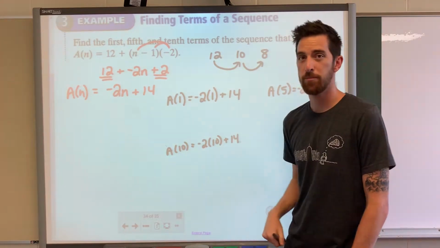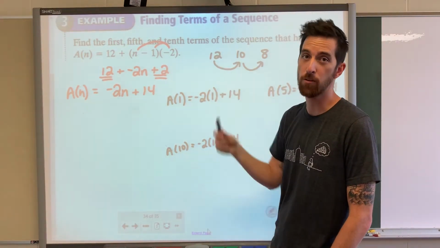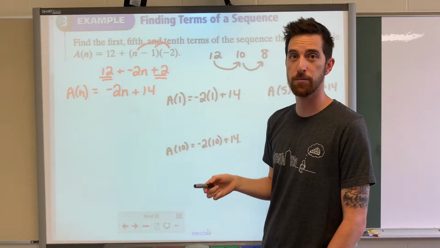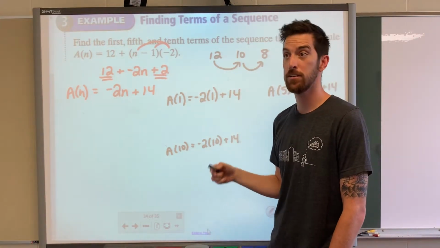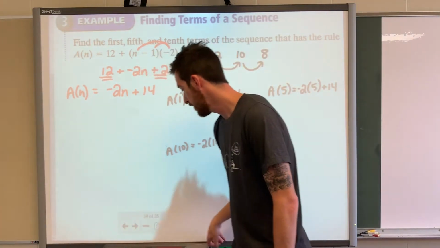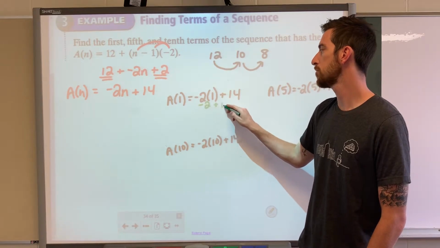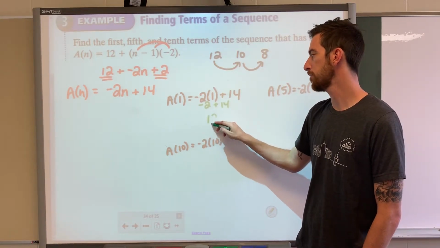Hey, as a backup, if you forget how to do this, you could write out the pattern here and keep it going. But if I ask for the 43rd term and you don't remember how to do this, you're going to have to write out 43 arrows. Still gets you there.